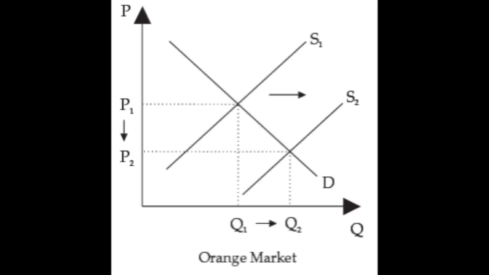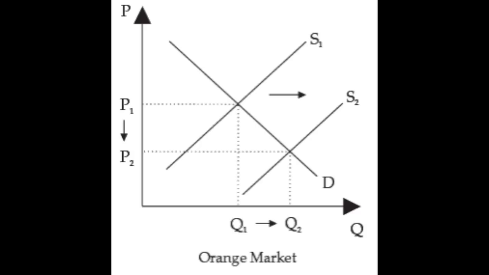But in an introductory economics class, if they say there's really good weather in Florida that affects the orange crop, use supply and demand curves to figure out what's going to happen, what they want you to do is move the supply curve to the right. That's just a little tip from Uncle Bob. That's what the professor wants you to do. So you move that supply curve to the right, you hold the demand curve constant, so what happens?